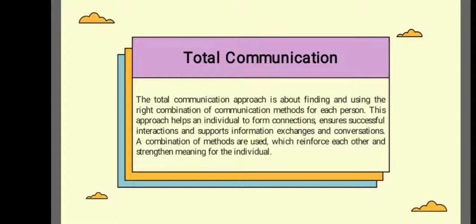A combination of methods is used which reinforce each other and strengthen meaning for the individual. By using this approach, we make the complicated simple and empower people to communicate and express themselves, be it through speech or sign, touch or movement, gesture or sound, art or dance.